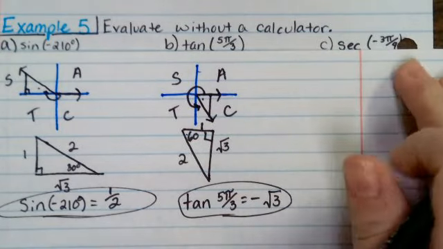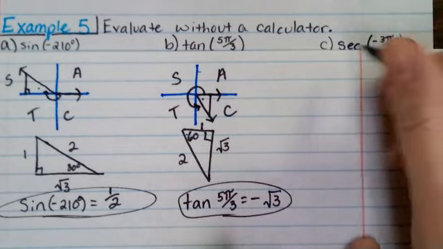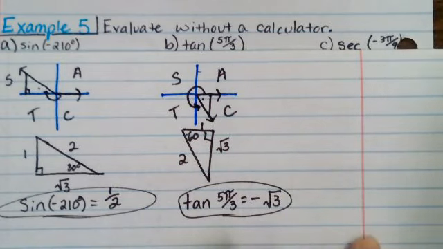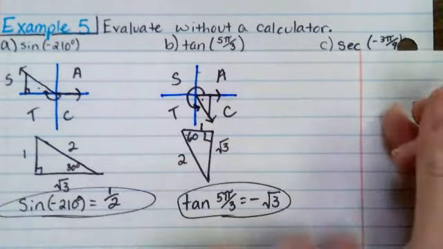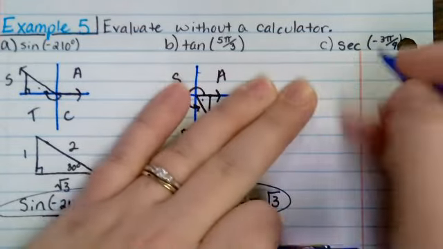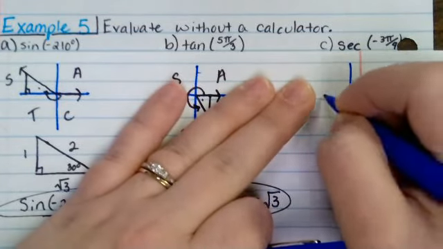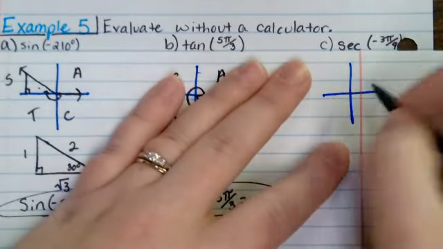All right, secant. This says negative 3 pi over 4. If you're having a hard time reading it, I was running up into this little hole in the paper. So negative 3 pi over 4. Let's do the same thing. So let's make ourselves our little quadrant, draw our angle. All right, initial side.